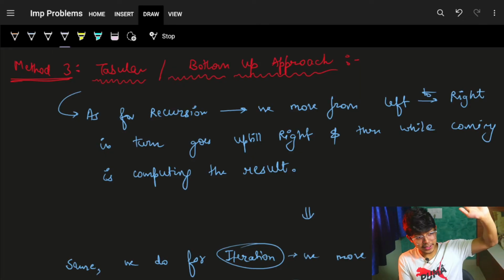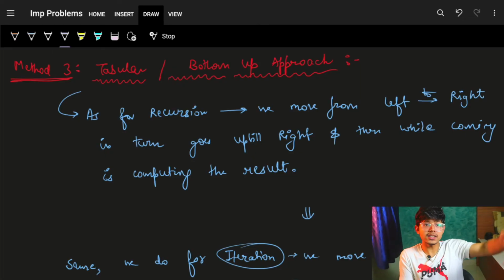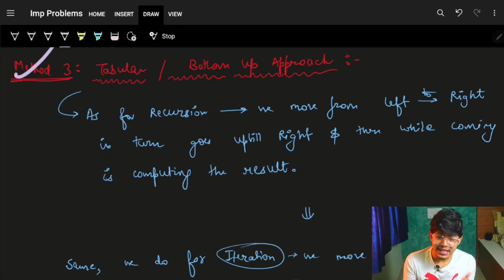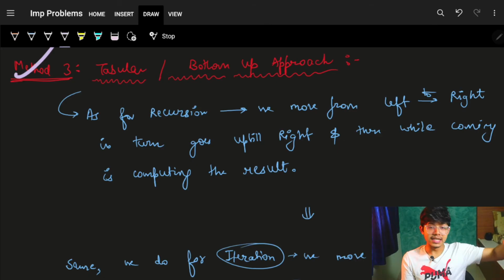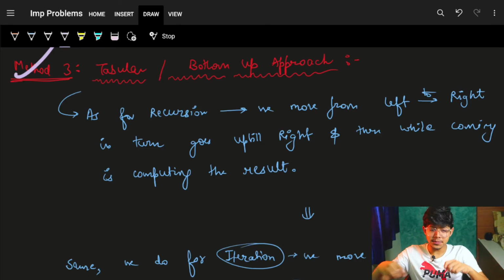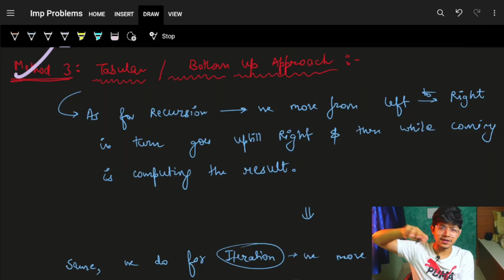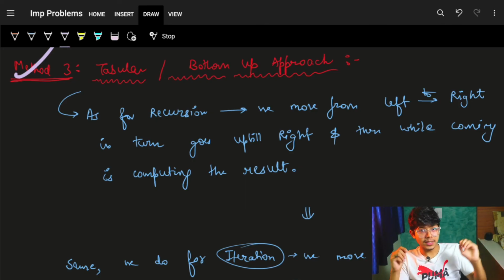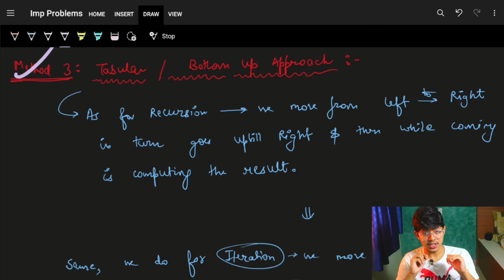I'm not saying you can just leave the video, but it is good to understand this bottom-up approach, because it's very rarely asked in online assessments and interviews, especially online assessments, where you mostly have 3 problems. For problem A or B, it can be a linear DP. There's a high chance.